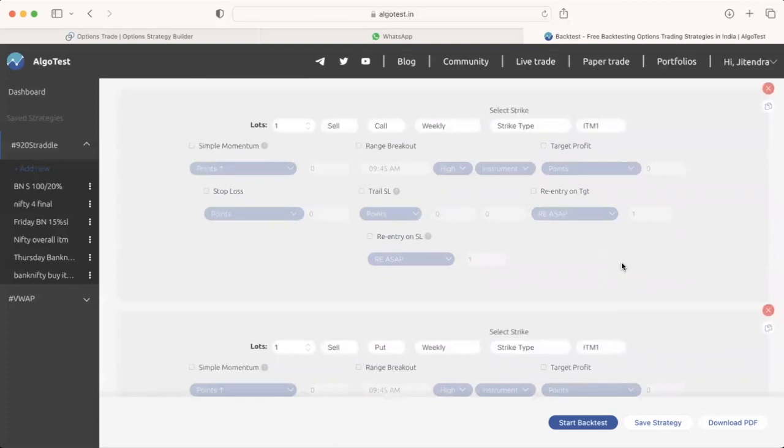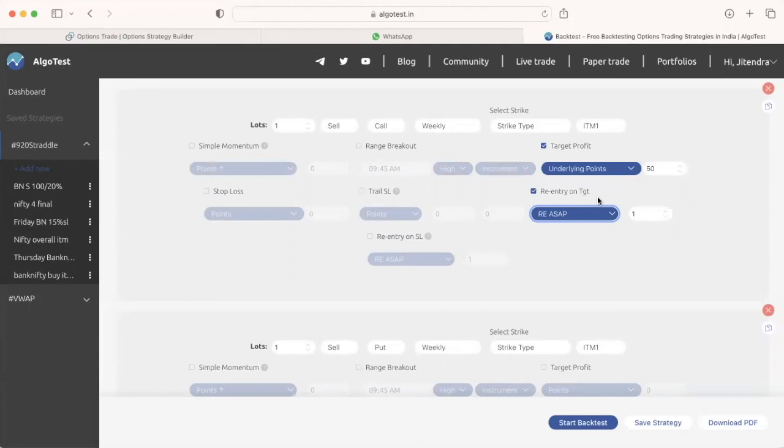Okay. Now what we can do is we can have a target, that is if Nifty increases by 50 points, we will re-enter at a different strike price, because if Nifty goes down by 50 points, what will happen is our premium will also go down.